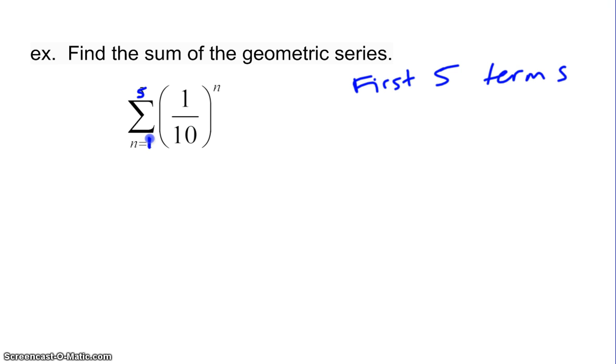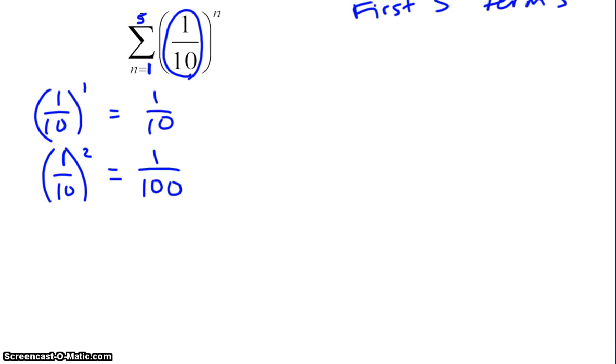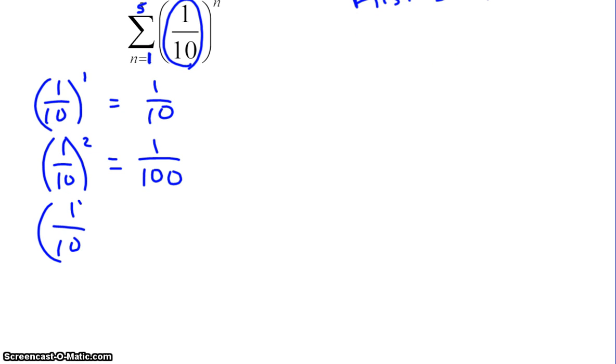And it is a geometric series because we have this ratio being used to this power, and we could verify by putting 1/10 to the first power, which is 1/10, and then 1/10 to the second power is 1/100, and 1/10 to the third power, and we can see that we're clearly multiplying by 1/10 in each case.